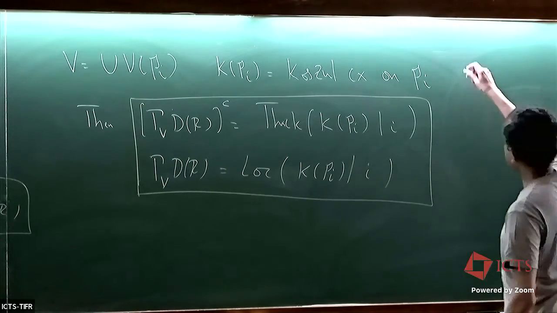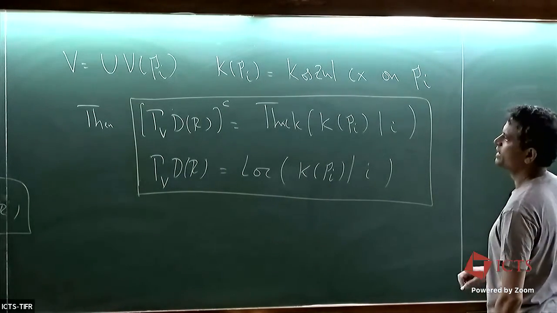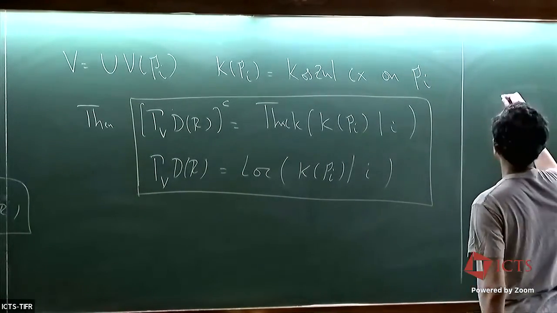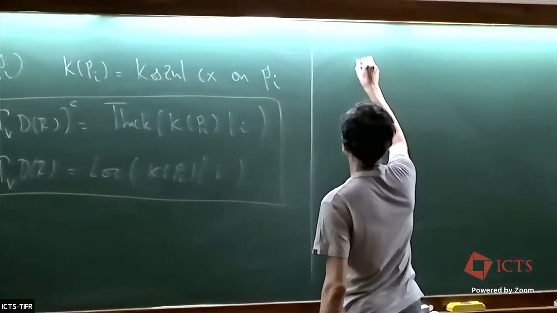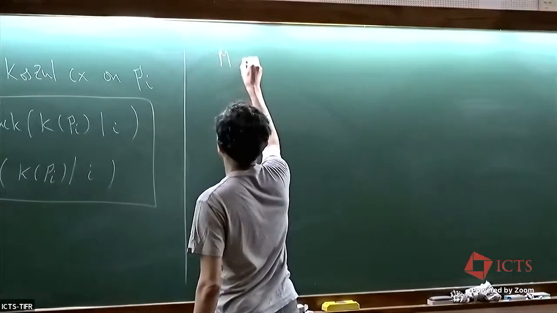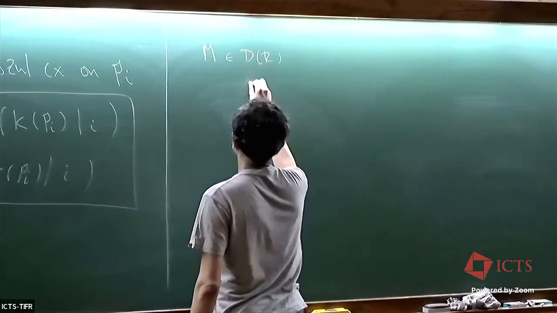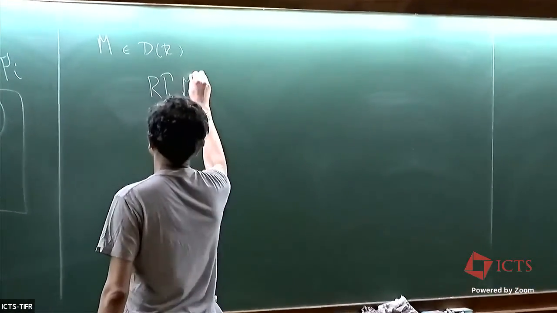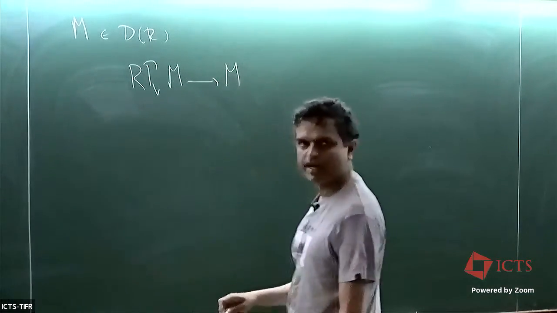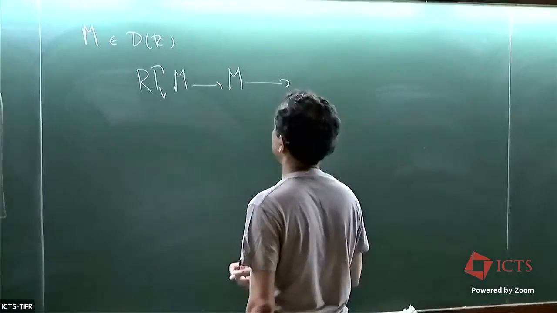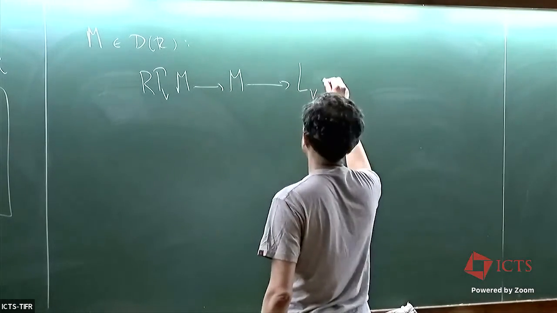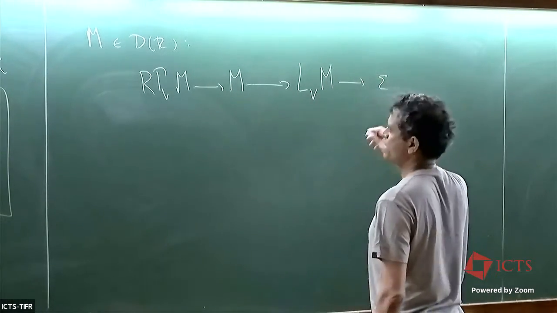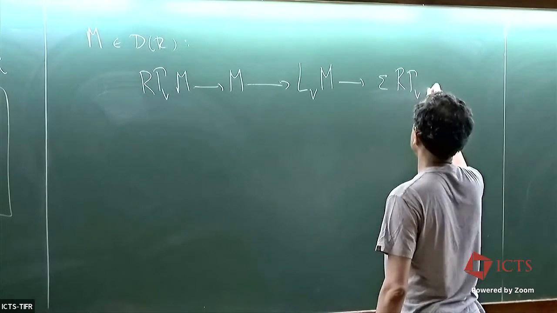So the first thing is the following. For each M in DR, you can look at this local cohomology functor, and you can complete it to a triangle. Let me write it like this, just to remind you that I'm completing it to a triangle.